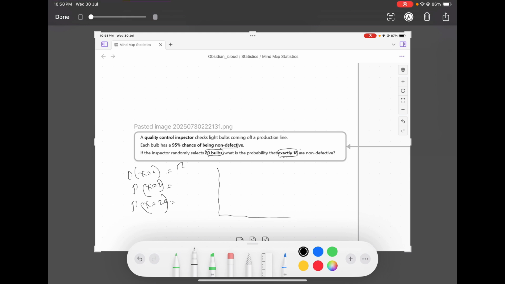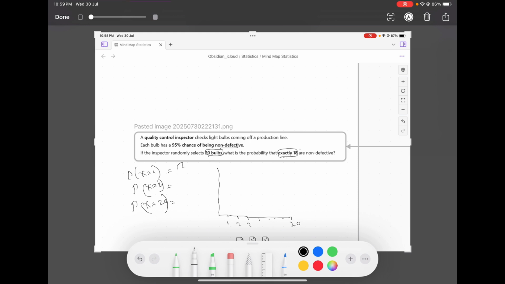So if you plot 1, 2, 3, etc., up to 20, and plot the probabilities, you will get a curve, and that is called a binomial distribution.